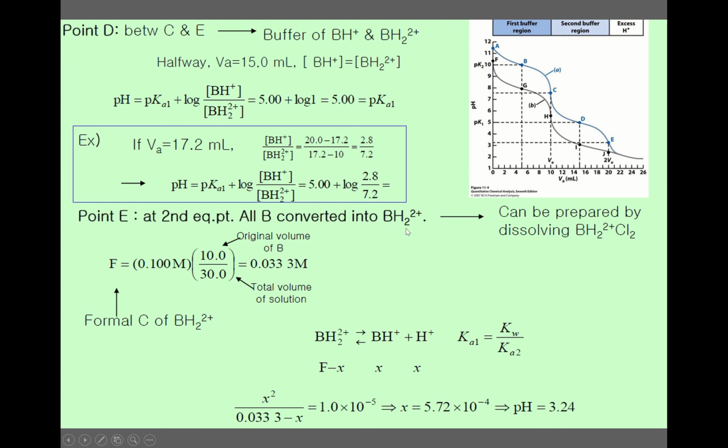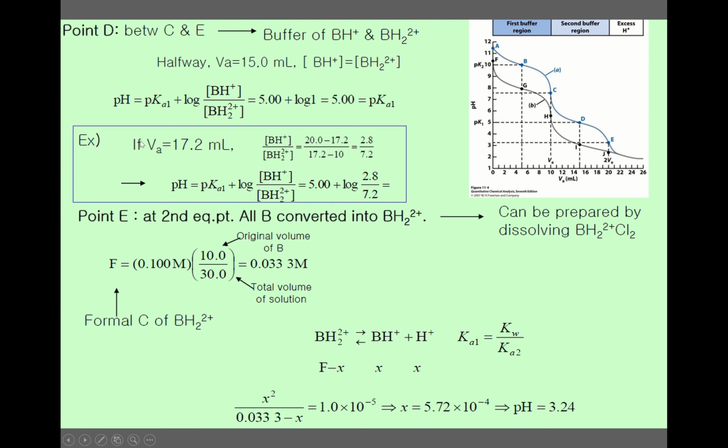That's pH 2 plus species, and the remaining amount, which is 10 minus 7.2, or this is 20 minus 7.2, that corresponds to the concentration of pH plus.